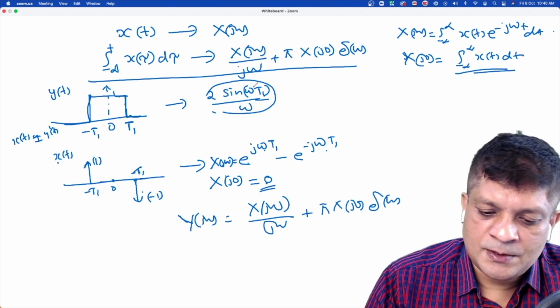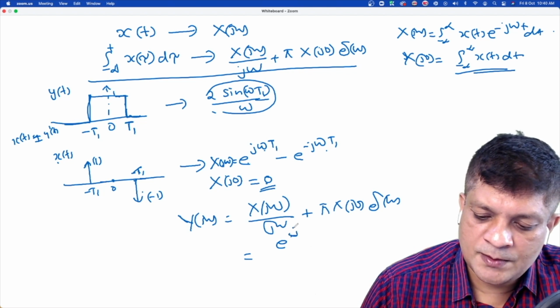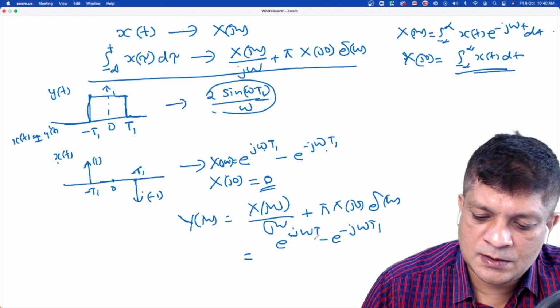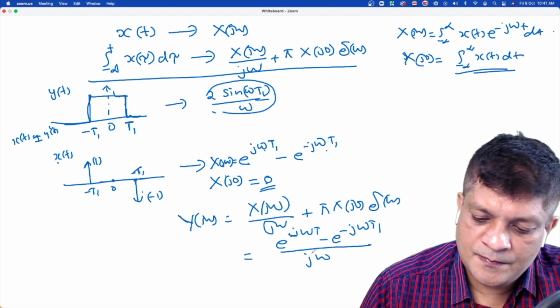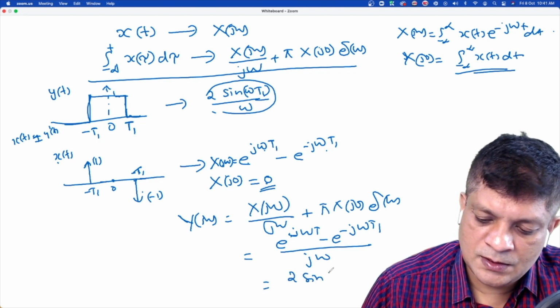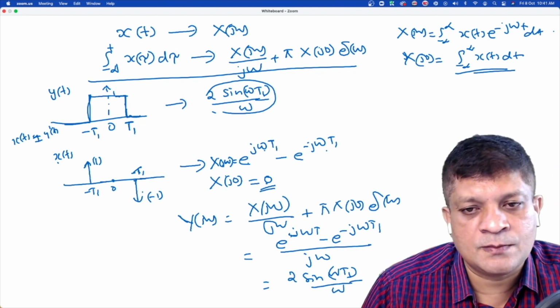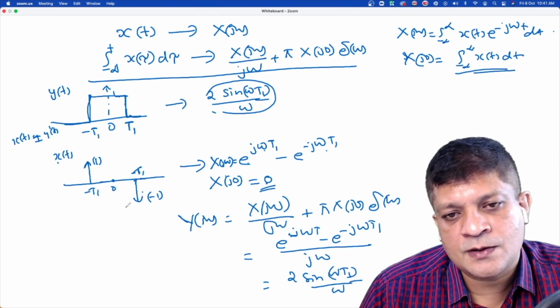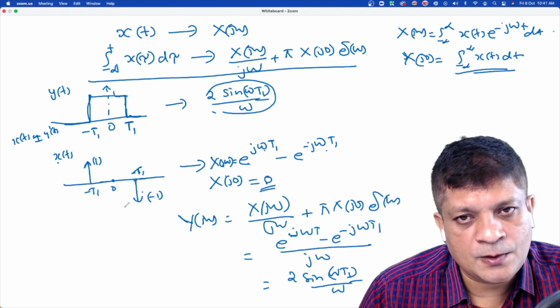Will you get the same answer? e to the power jωt1 minus e to the power minus jωt1 by jω. So this is the same as 2 sin(ωt1) by ω, isn't it? We got the same result using the integration property. Okay.